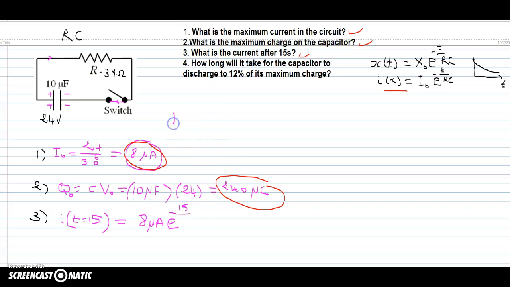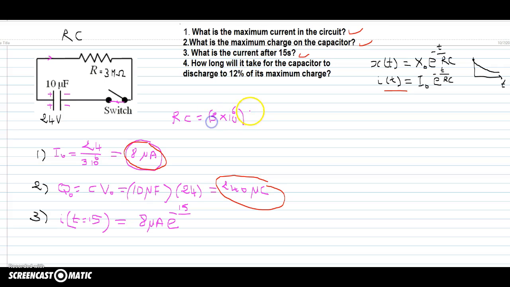The RC time is this, which is tau, the characteristic of the circuit. So R is 3 times 10 to the 6, which is mega.